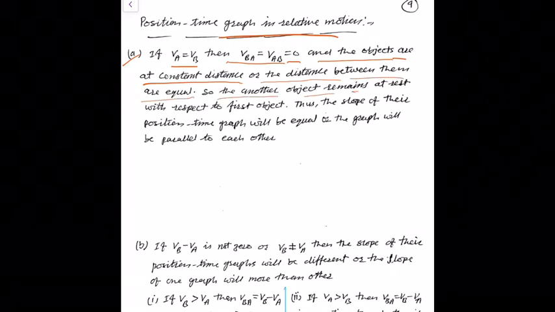So the other object remains at rest with respect to the first object. Thus the slope of their position time graph will be equal, or the graphs will be parallel to each other.